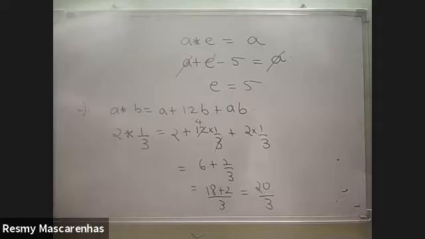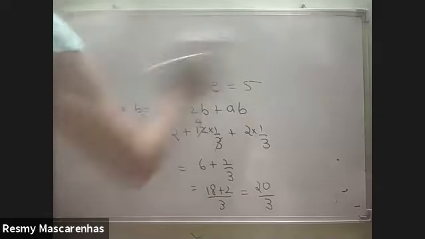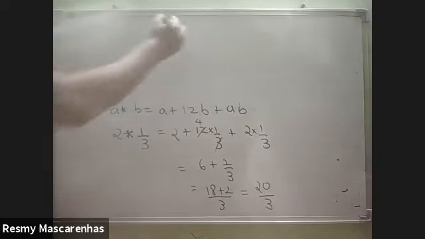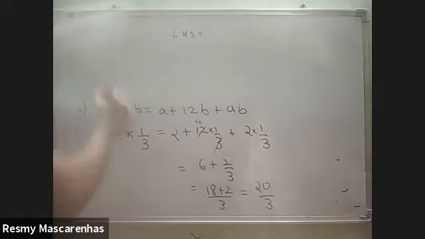Okay. Check whether it is commutative. So you have to take a left hand side, right hand side, and check whether it is turning out to be the same. So left hand side, this is slightly big.